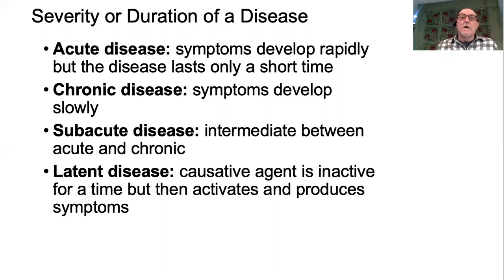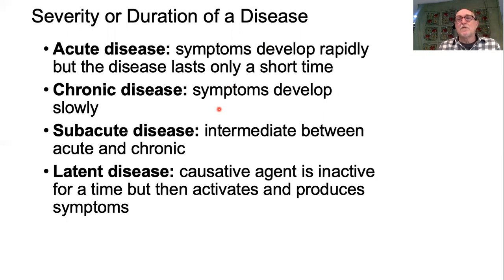A chronic disease is one where symptoms develop slowly and often where people become progressively debilitated. A good example of that would be tuberculosis, a very slow progressing infection, which can ultimately become fatal and is certainly very debilitating over time, but may take years to become so.